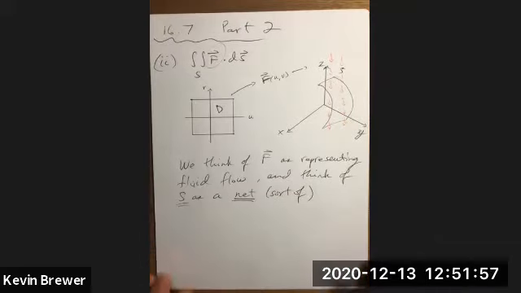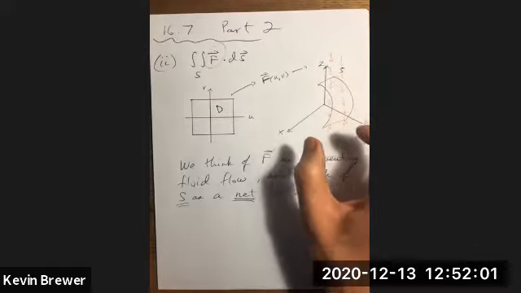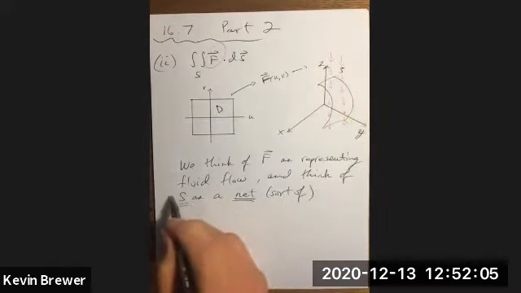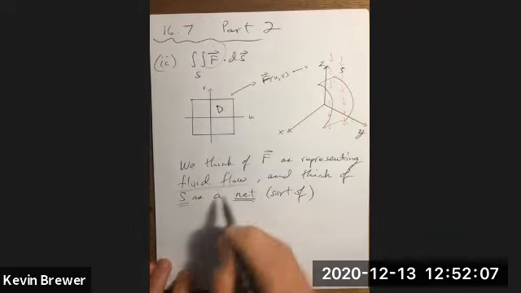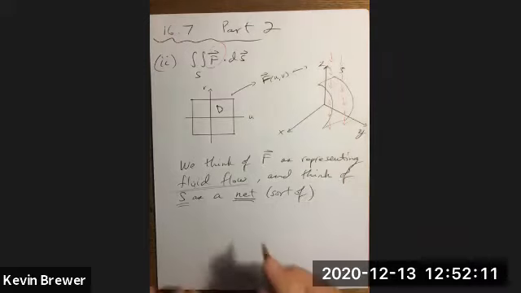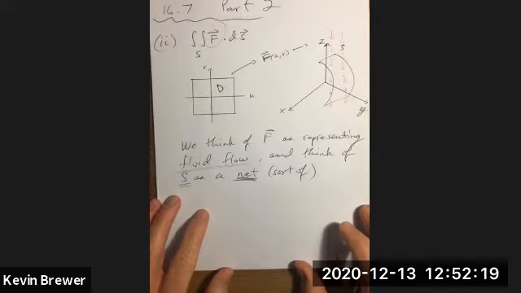In other words, S is something that has a definite shape and location in 3 dimensions, but it also allows a fluid to flow through it. That's the nice thing about thinking of S as a net. It allows us to talk about all of that.